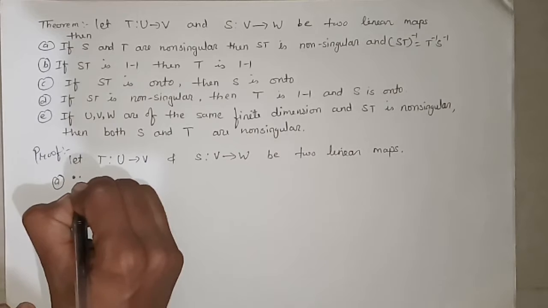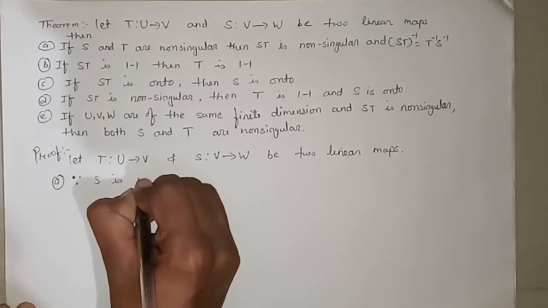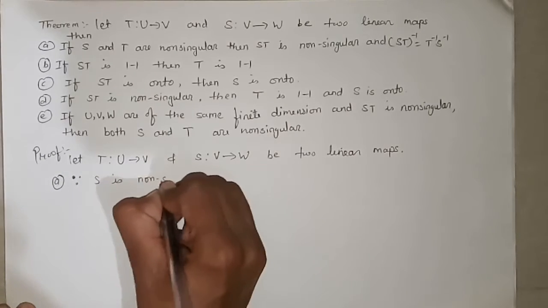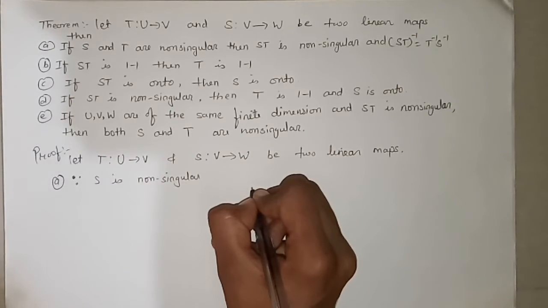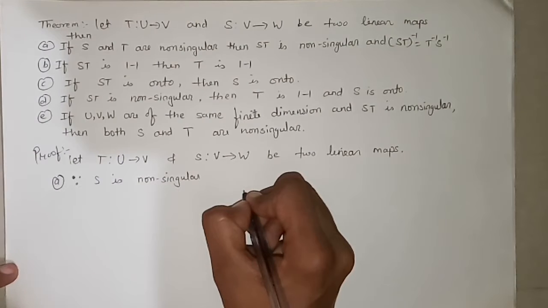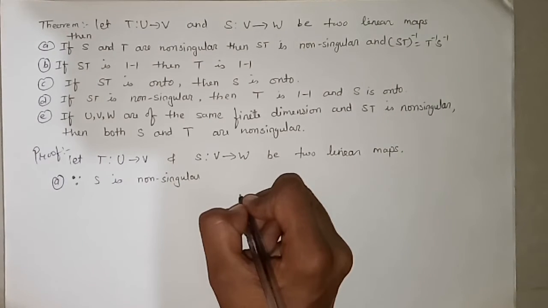So since S is non-singular, what can we conclude? We know that if any mapping is non-singular, then it is 1-1, onto and linear. And we also know one more thing, if any mapping is non-singular, then it has its inverse.